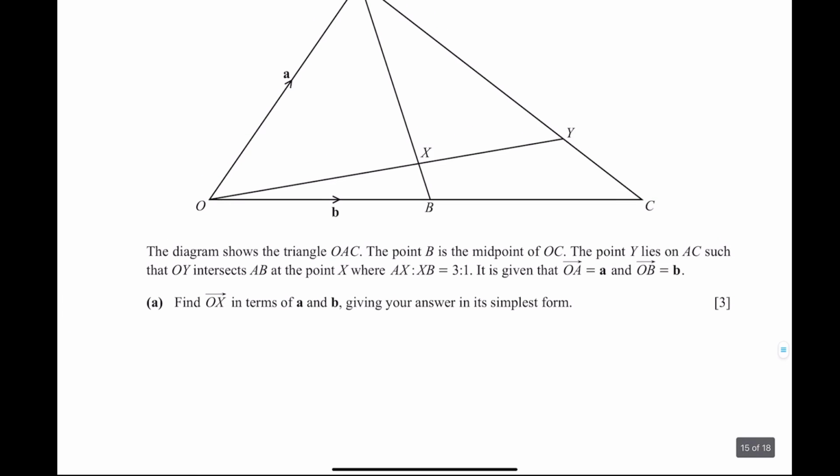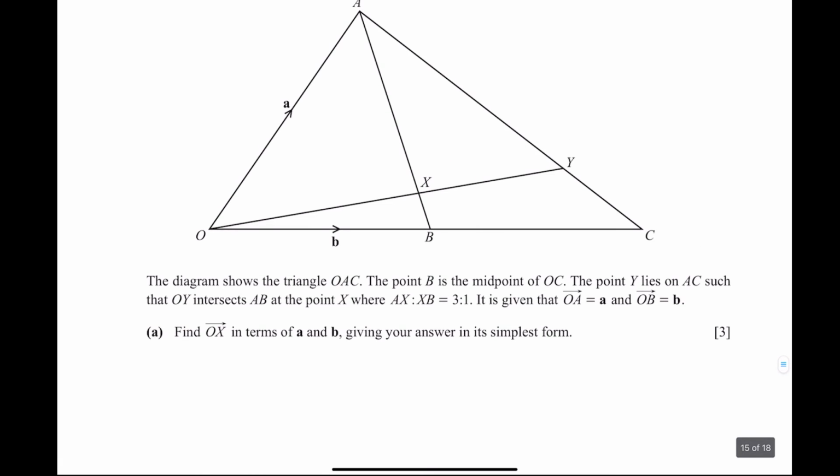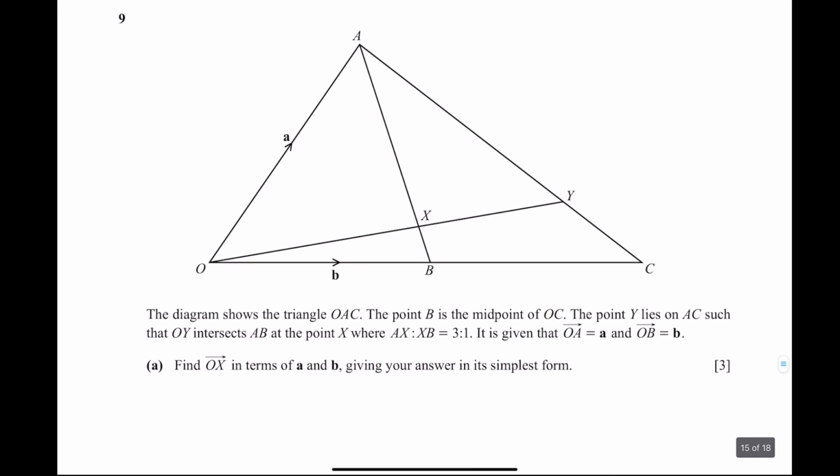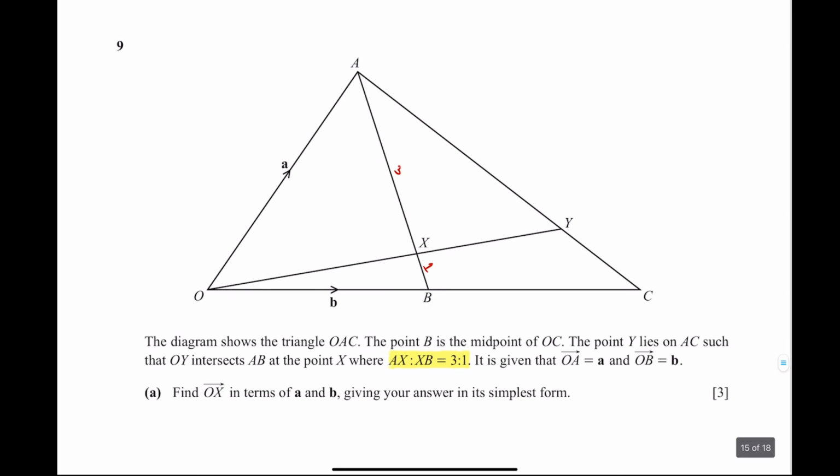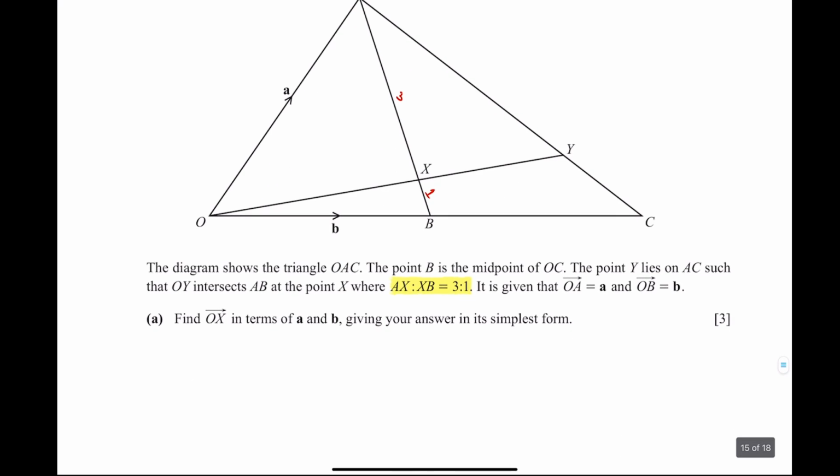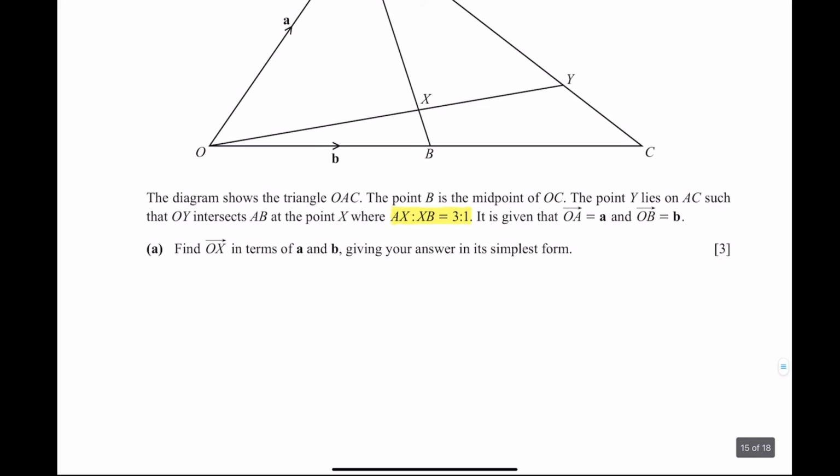Now, this question has something very important which I want to explain to you guys, and that's this ratio over here. AX and XB are in the ratio 3:1, so that means AX is 3 parts and XB is 1 part. Now if I ask you what is the total number of parts into which this line has been split, considering the 4, very good.